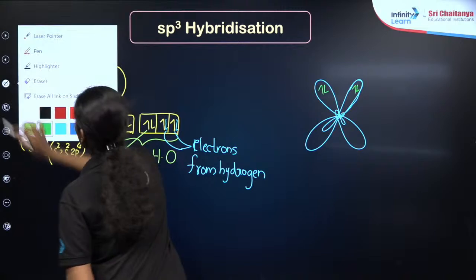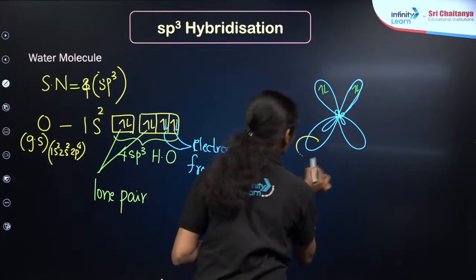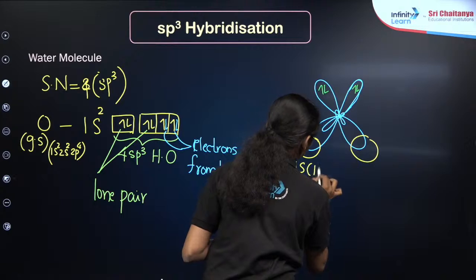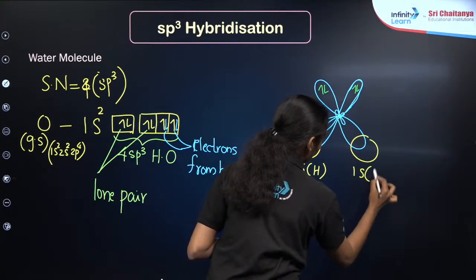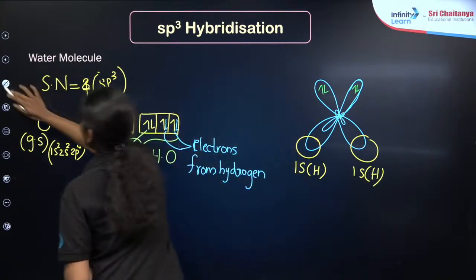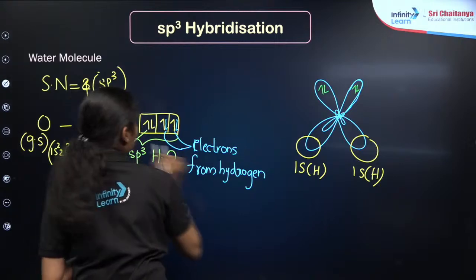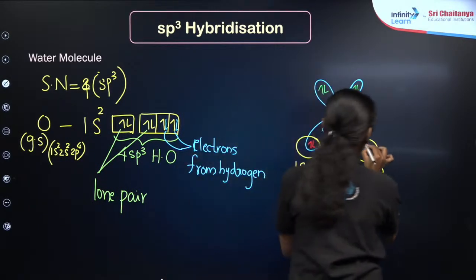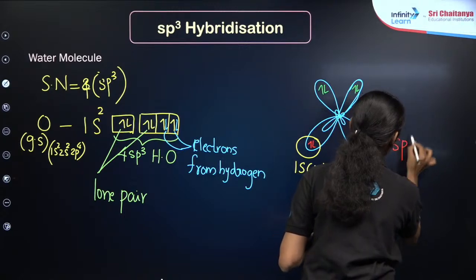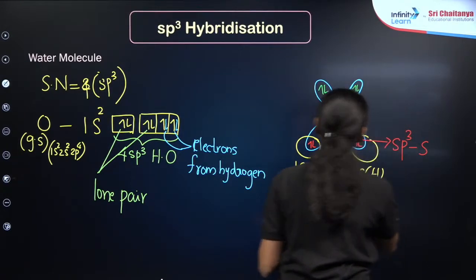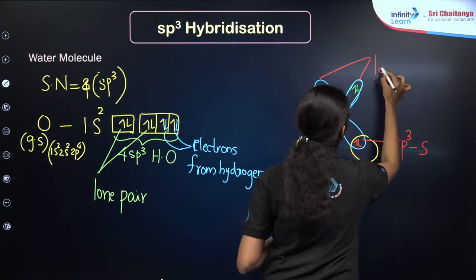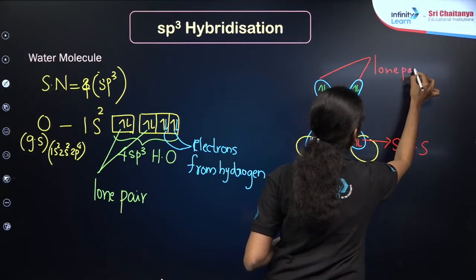Then here it is forming the overlapping, right? From the 1s of hydrogen atom, it will form 2 electrons, right? So this will represent the sp3-s sigma bond. Then it contains 2 sp3-s sigma bonds. Then these 2 are the lone pairs, right? These are the 2 lone pairs which are present in the case of water molecule.